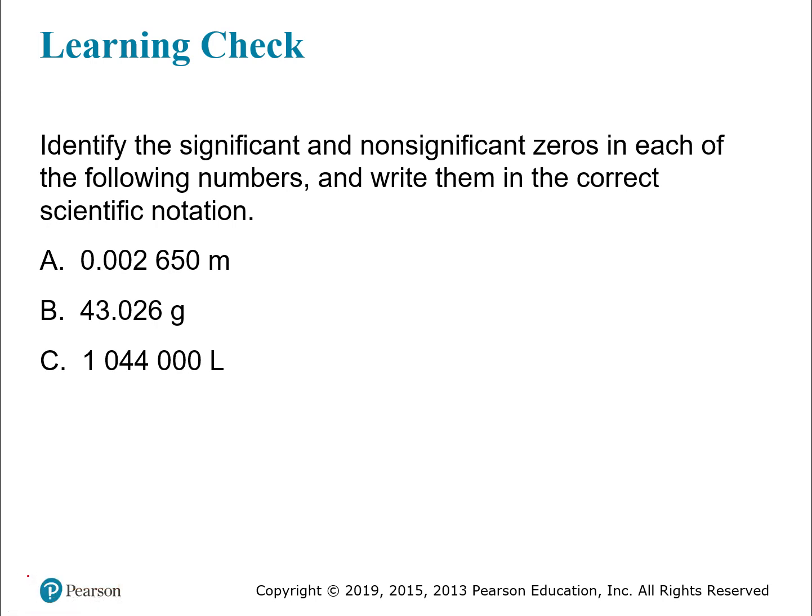All of the non-significant zeros, I'm going to circle. So in part A, we've got a decimal number. All of these zeros are non-significant.